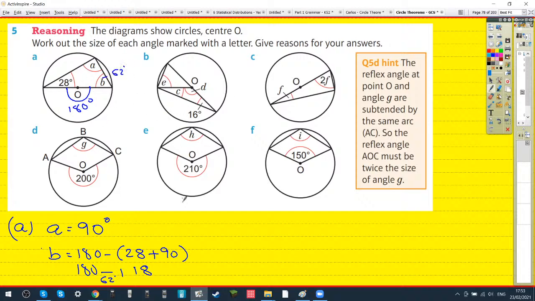Okay, part B. So O is 180. So C is 90. I think E and C are 90, if you add the two together.